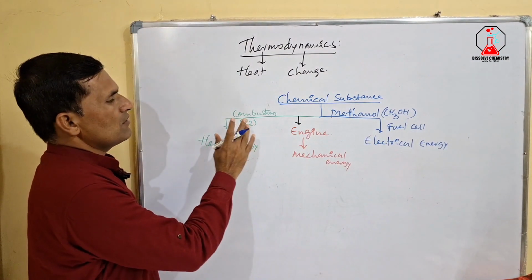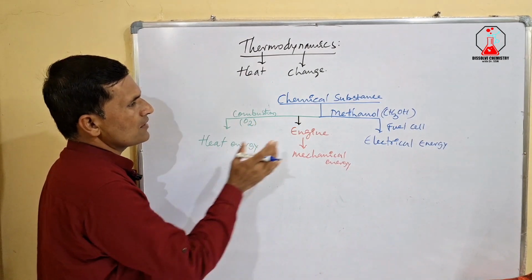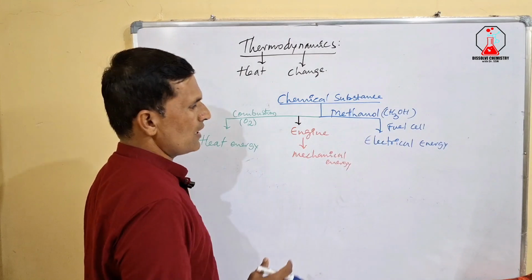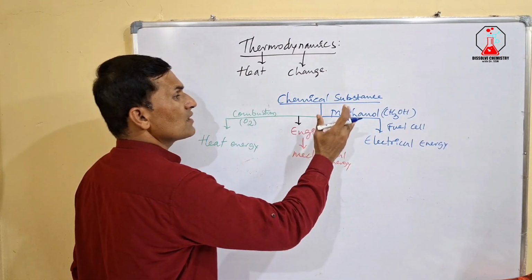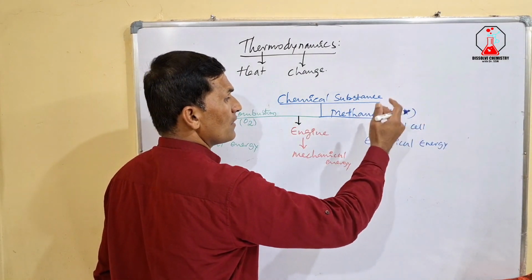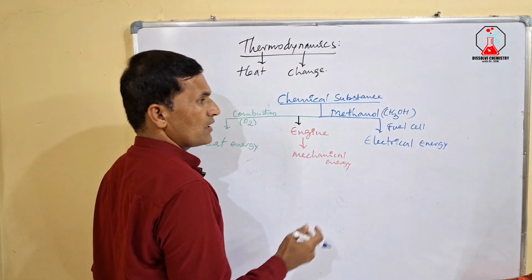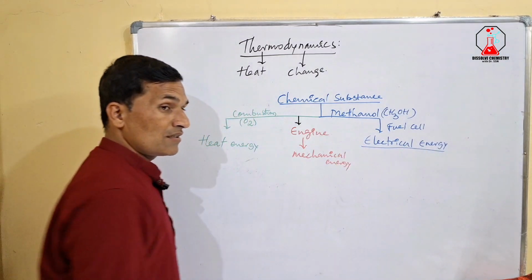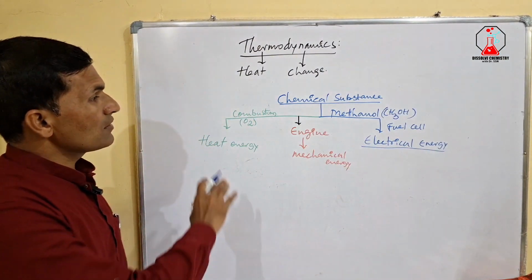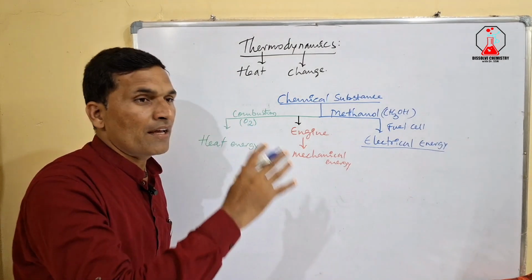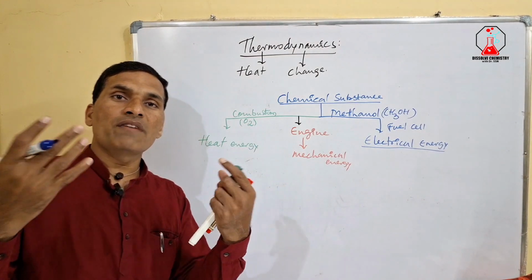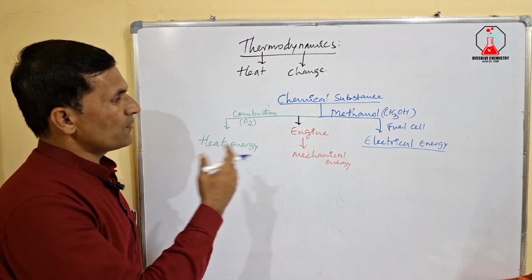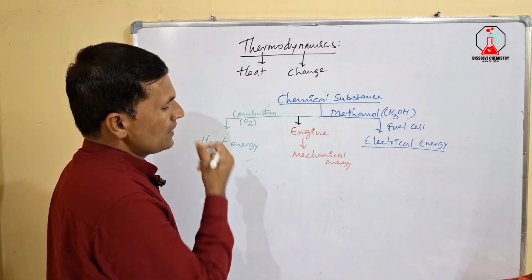Now, by burning, we get heat energy. If the same burning is done systematically in the engine, we can convert that into mechanical energy. And when the same methanol is reacted in the fuel cell at the electrodes, we can draw electrical energy. So the same chemical energy can be converted into various forms by transformation in different ways.